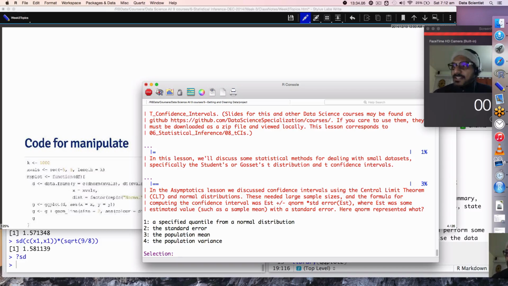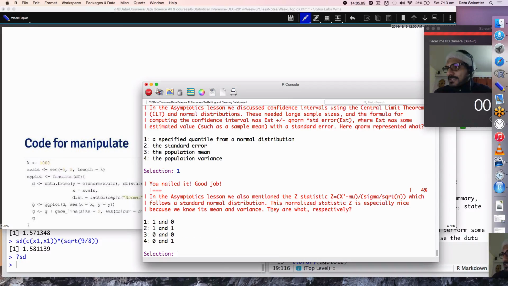He's saying that in the asymptotics lesson, where we say that the sample size is large, we're using CLT and the normal distribution. Now he's saying here, qnorm is represented by what? The qnorm function represents a specified quantile from a normal distribution.